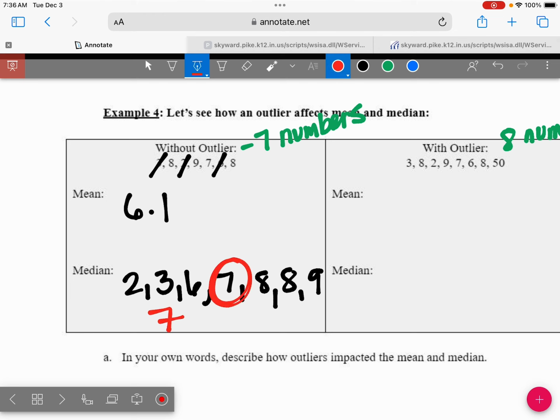All right, now let's do the same thing with the data set that has an outlier. So let's add those up, divided by 8.